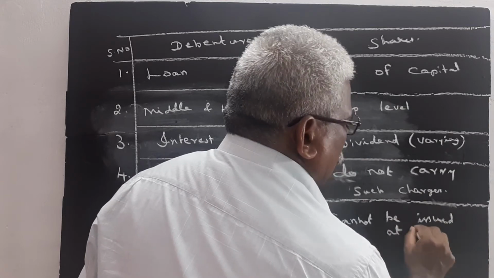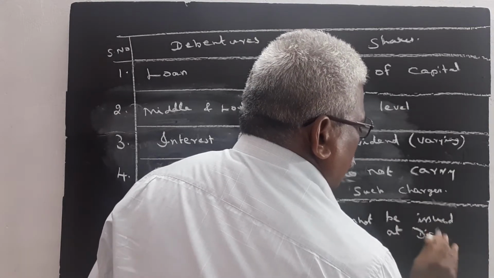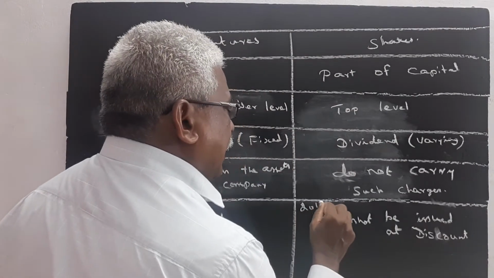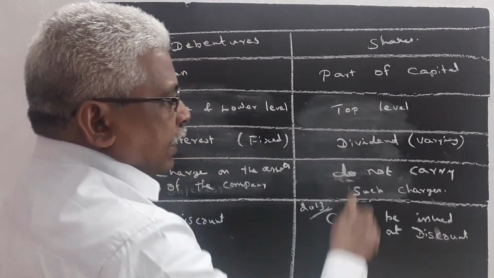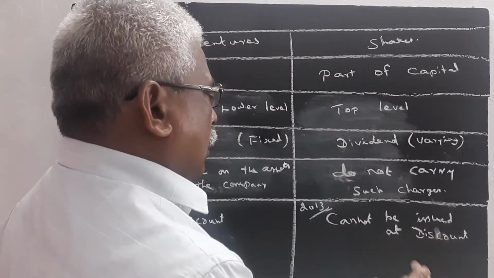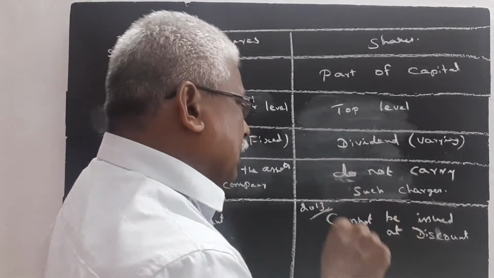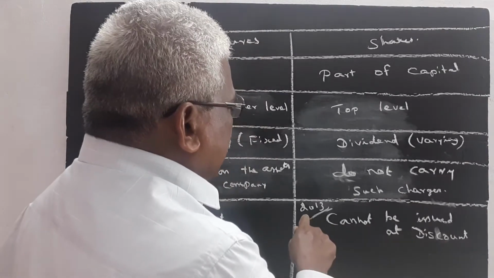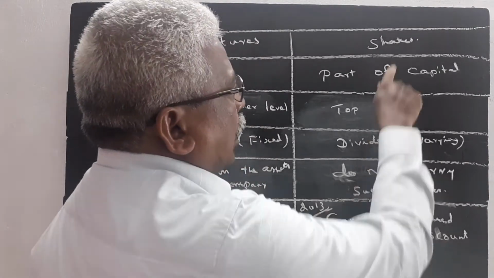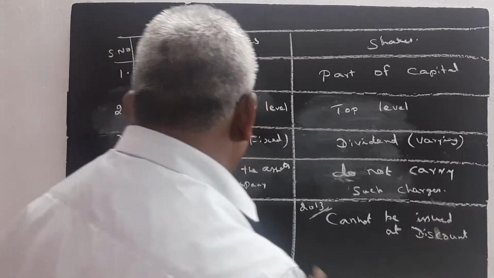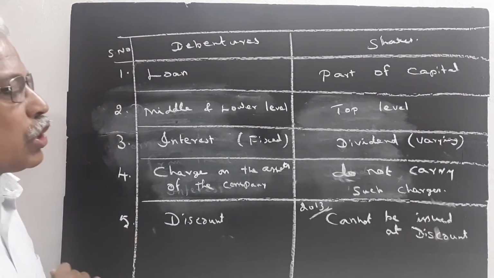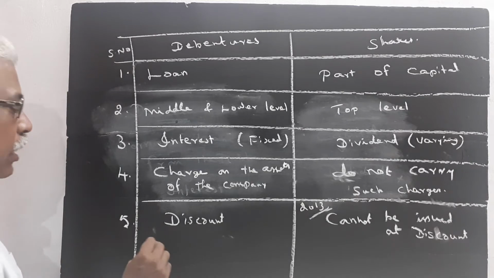In the Companies Act 1956, the shares could be issued at a discount, but in the Companies Act 2013, shares cannot be issued at a discount. But a debenture can be issued at a discount.